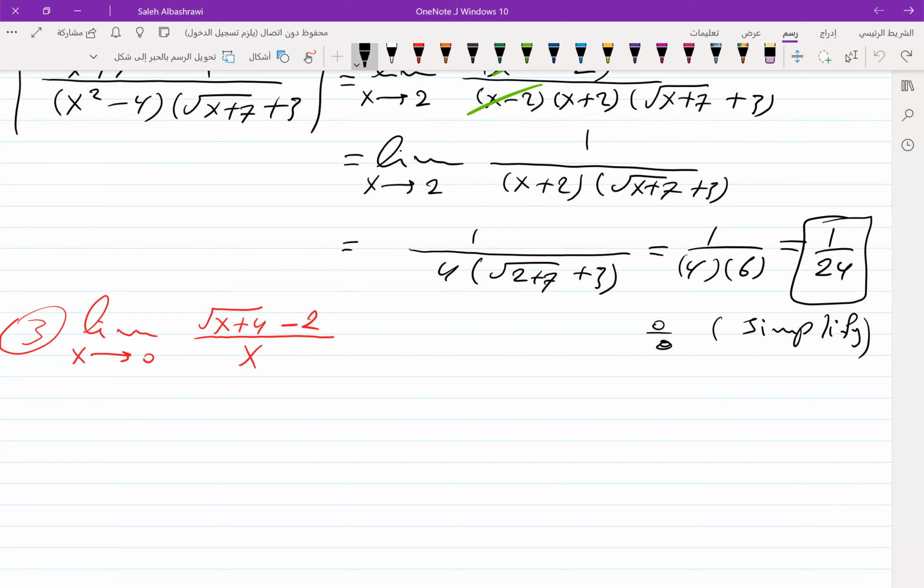And since we have a square root, we are going to multiply by the conjugate. The conjugate for this one is square root of x plus 4 minus 2 on top, with the negative sign written as positive for the conjugate. So the conjugate is square root of x plus 4 plus 2 divided by square root of x plus 4 plus 2.